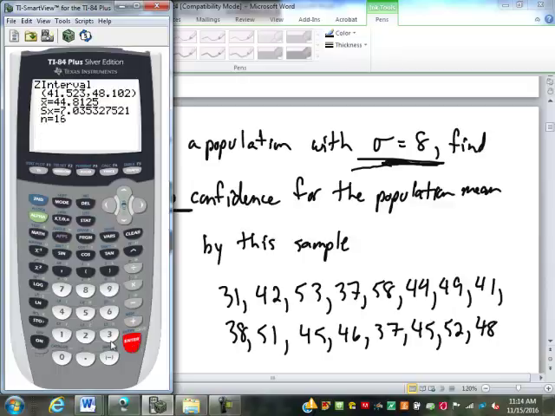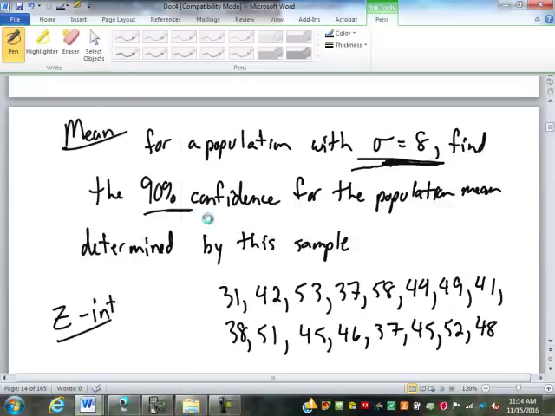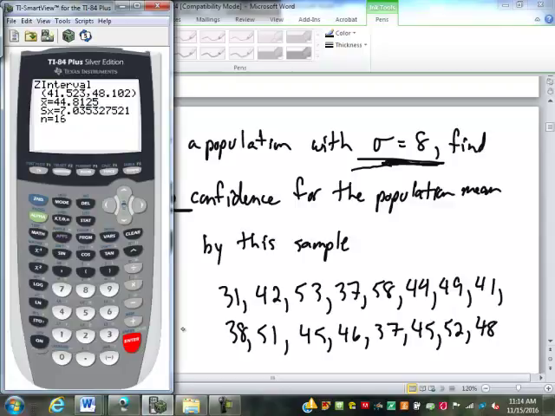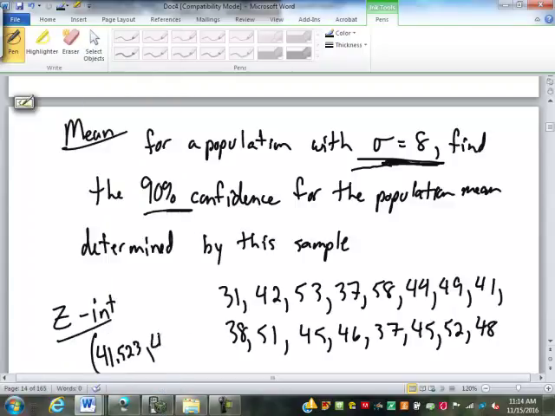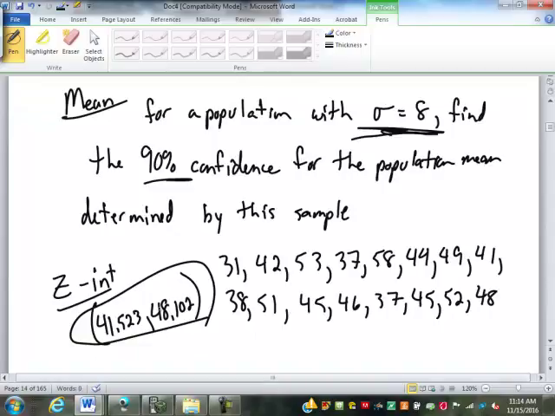And we'll calculate. And there's our interval right there, 41.523 to 48.102. So there is my 90% confidence interval. Now, if I did a 95% confidence interval, do you think it would be narrower or wider?